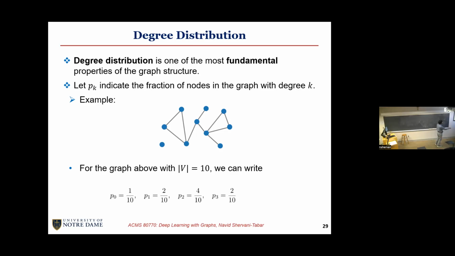So it's going to be 2/10. And then I see only one node that has degree 4. So 1/10 again. So if I sum all of these together, it should sum to 1. 1, 2, 4, 7, 10, right? So that's right.